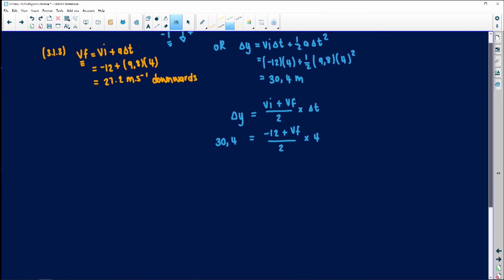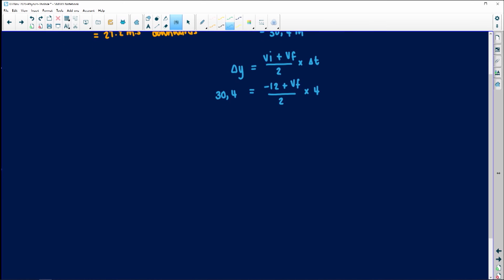Now this is just pure mathematics. I'm going to do it the long way around. Remember, this is a multiplication. I just want to write it in a simpler way. So technically, it looks like this: I'm going to multiply 4 with negative 12, and then I'm going to multiply 4 with VF. So I'm going to say 30.4. If I say negative 12 times 4, that will give me negative 48, plus 4 times VF will give me 4VF, all over 2.